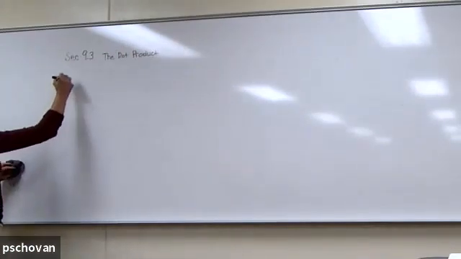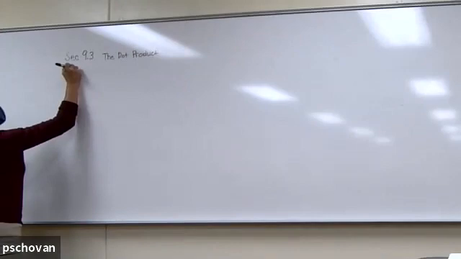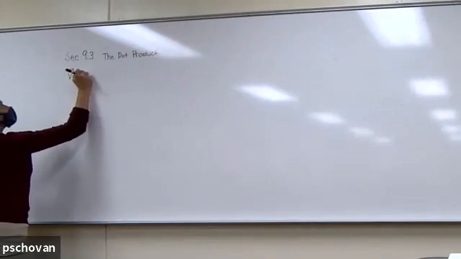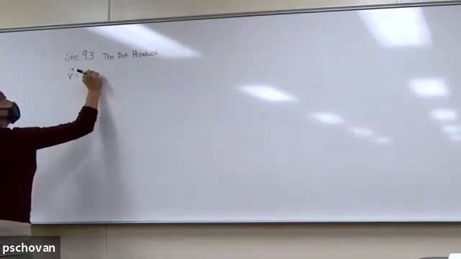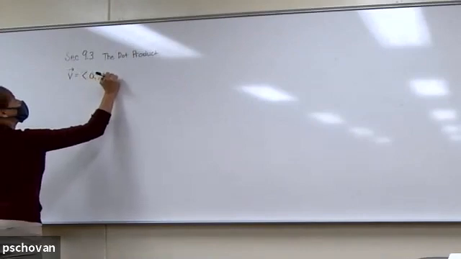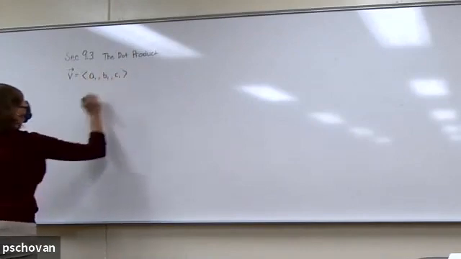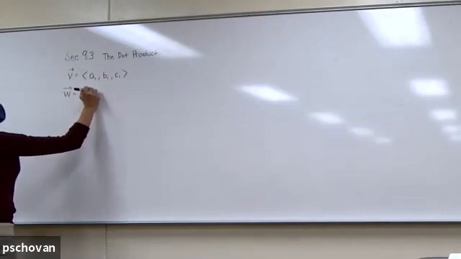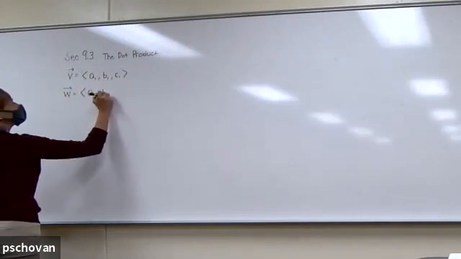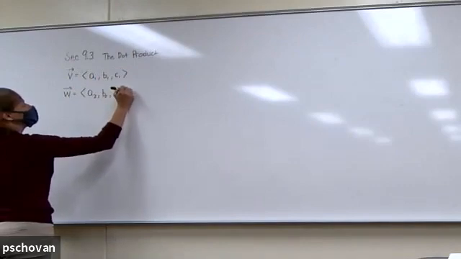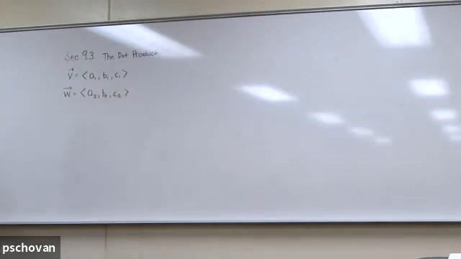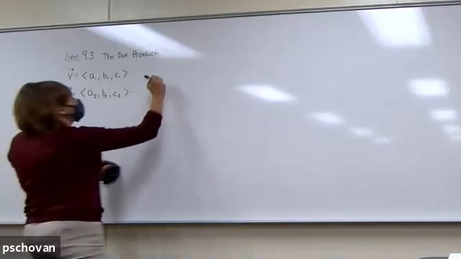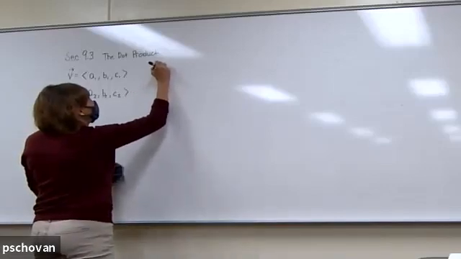All right, let's take vector V with its components A1, B1, C1, and vector W with its components A2, B2, C2, where those are numbers. The dot product between the two vectors will be written with a dot between them.